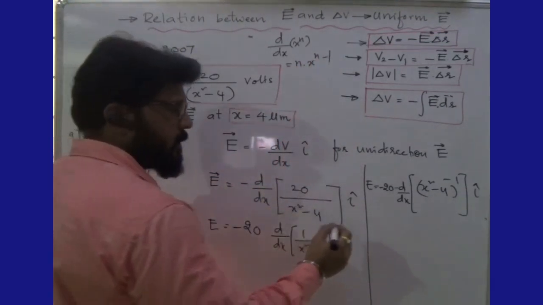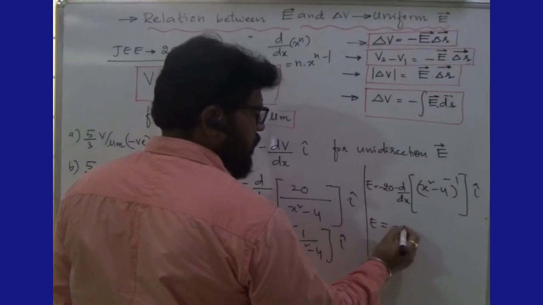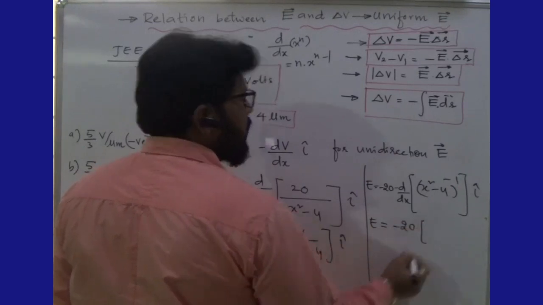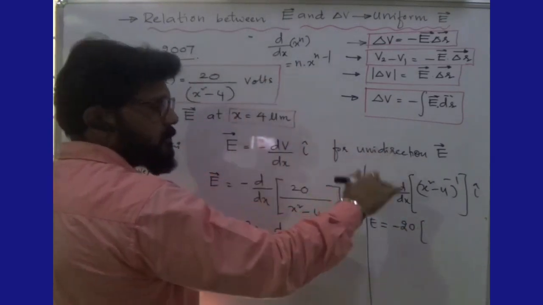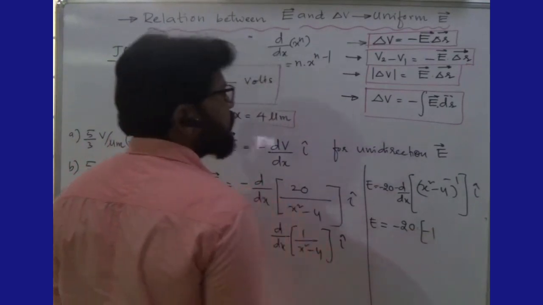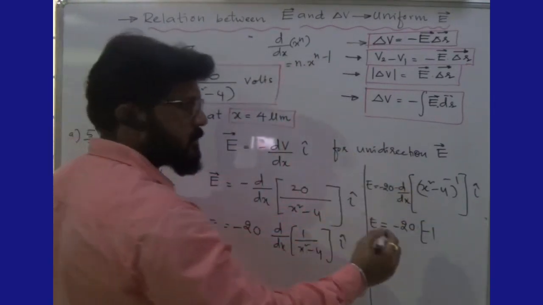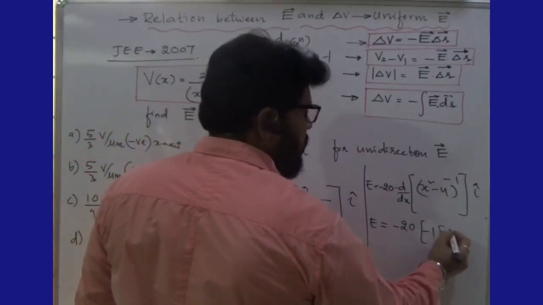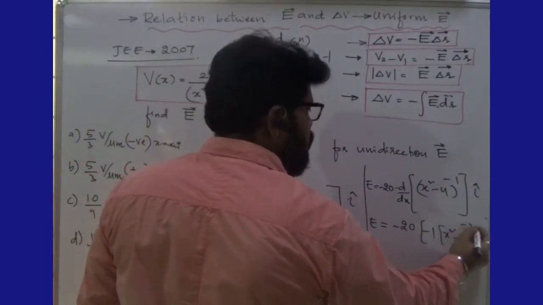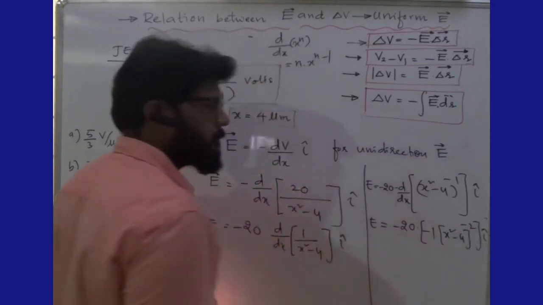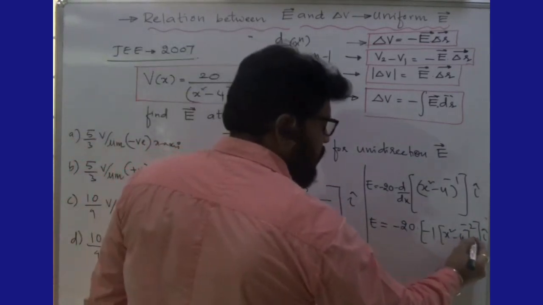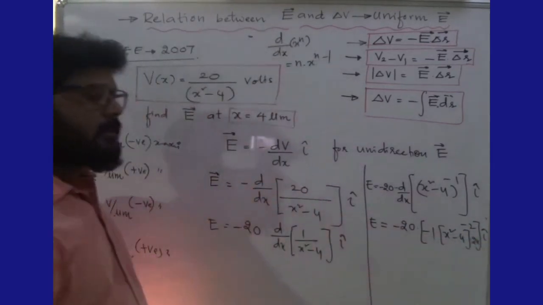In the same manner I will write E is equal to minus 20 into n, which means minus 1, into x square minus 4 to the power of minus 2 into I cap, but inside one more term, into 2x. Is it clear?